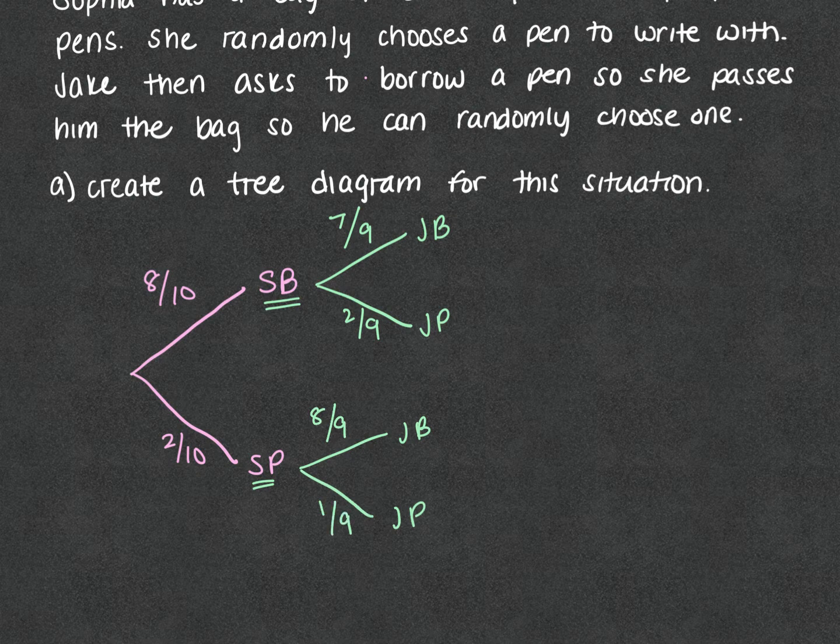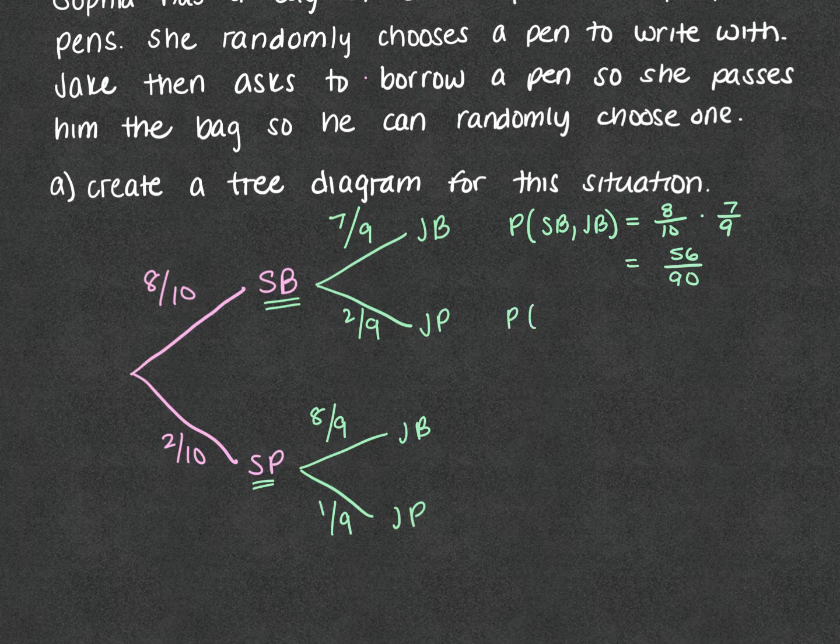Okay? And then after this, it's the same process as before. The probability that Sophia chooses a blue and Jake chooses a blue is going to be 8 over 10 times 7 over 9, so 56 over 90.